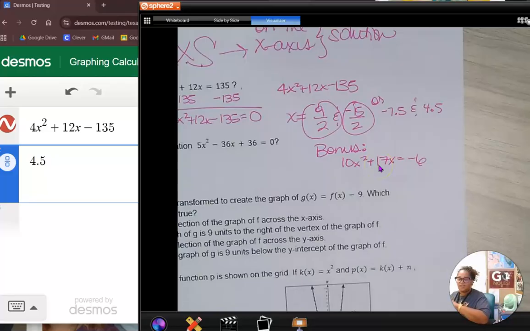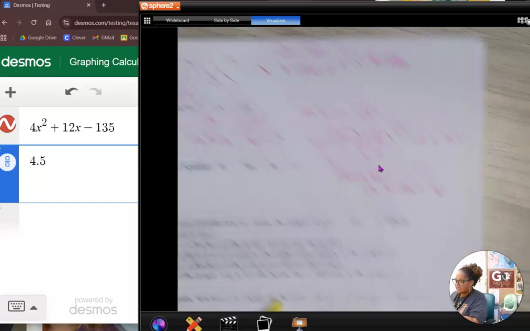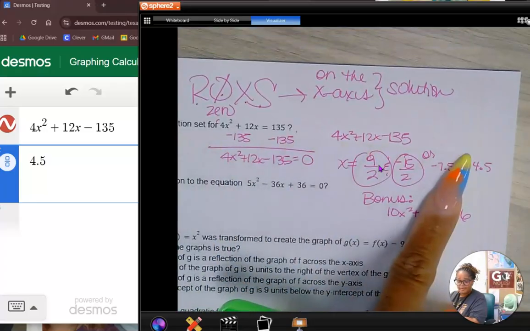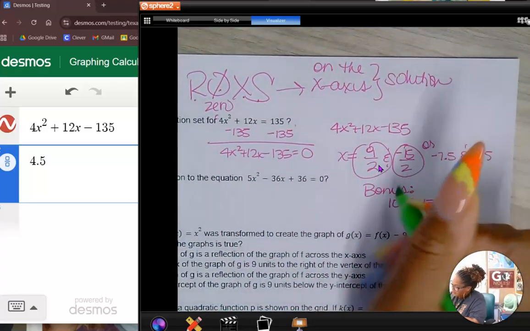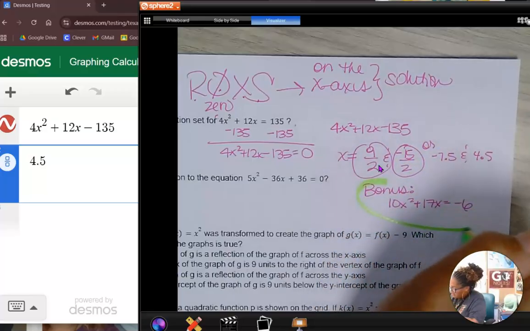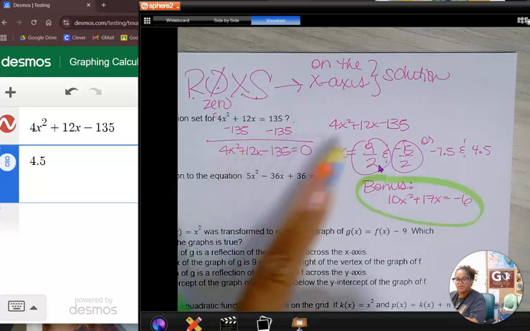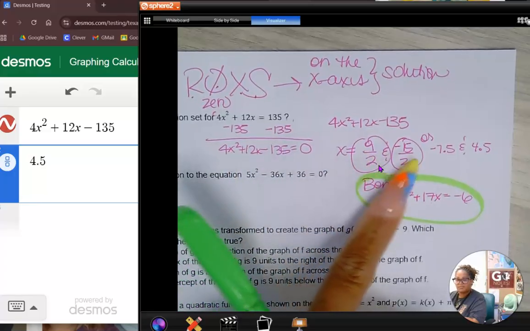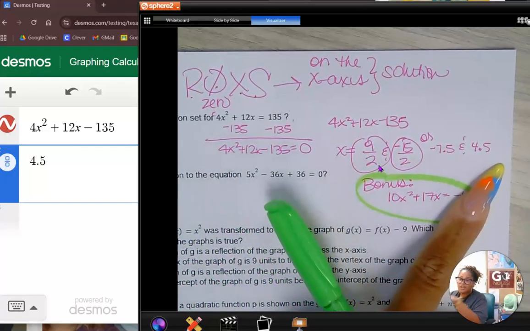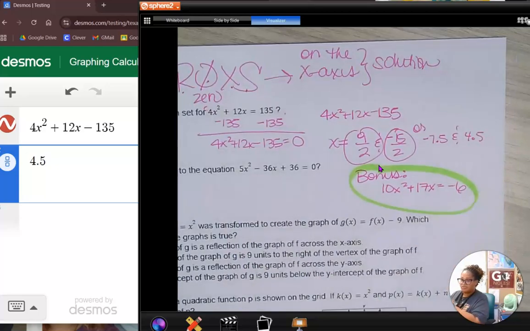If you're watching this video, I got 5 points towards your test if you do the same exact step that I did here for this problem here. So you must show me the work, you must show me your solution as a fraction and a decimal in order for you to get the 5 points extra.